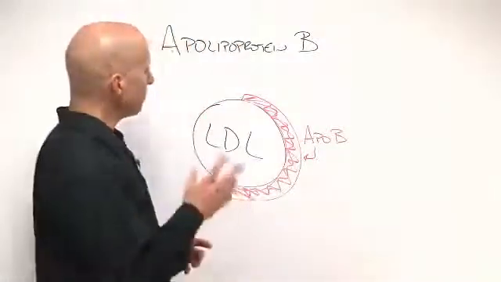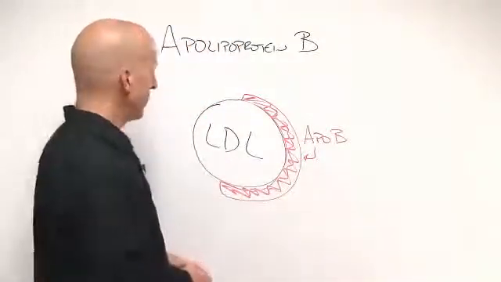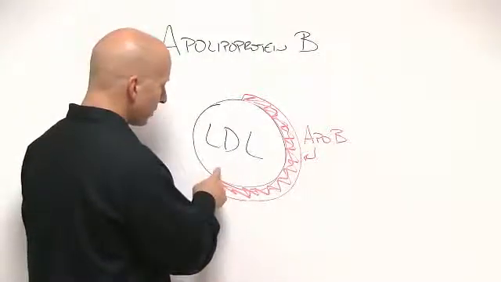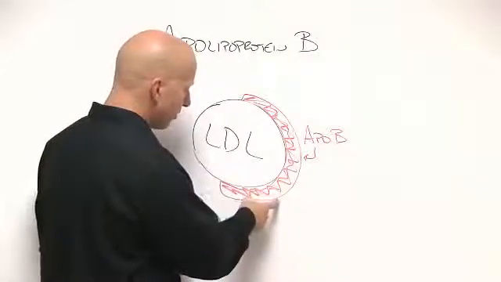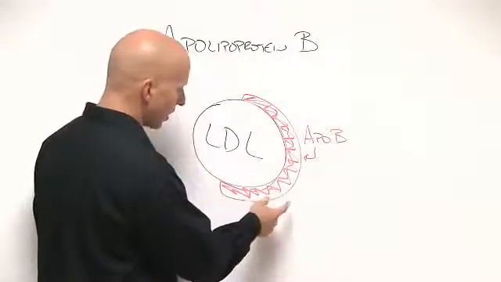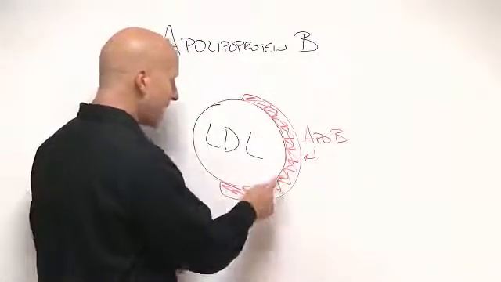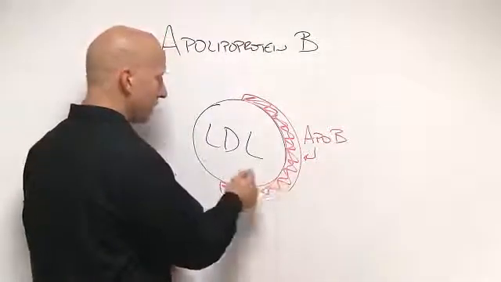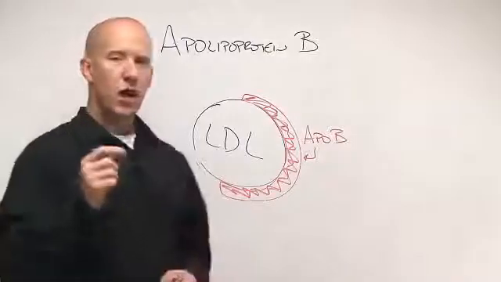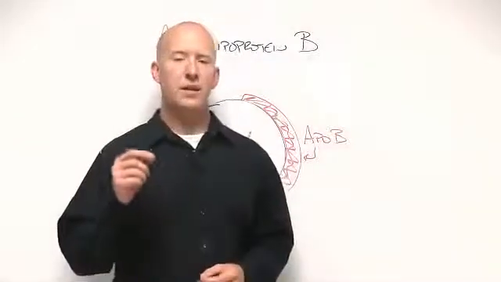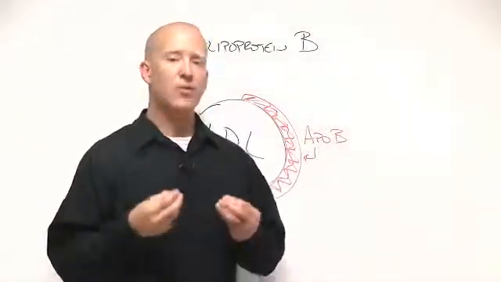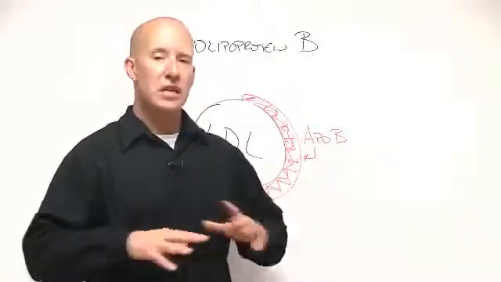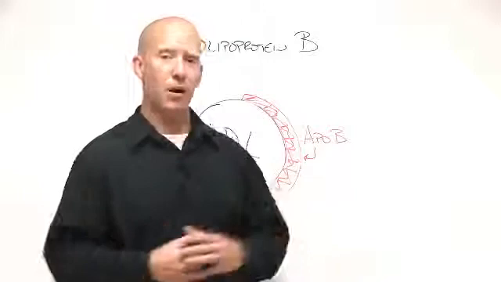Now here's what the apolipoprotein really tells you. Every LDL particle has an ApoB protein associated with it. Or I should say this more accurately: every time you see an apolipoprotein B, there's an LDL particle with it. So on a blood chemistry, LDL cholesterol tells you the amount of cholesterol in the LDL particles somebody has, but tells you nothing about how many LDL particles they have.